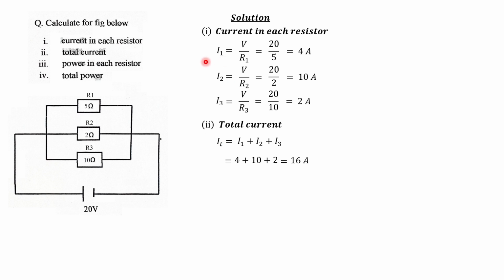When we add I1 plus I2 plus I3, that is the current flowing through resistor R1, the current flowing through resistor R2, and the current flowing through resistor R3, we are supposed to get the total current. So IT is equal to I1 plus I2 plus I3, and that gave us 16 amps. I hope you understand.